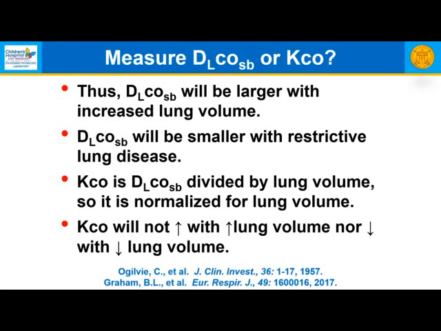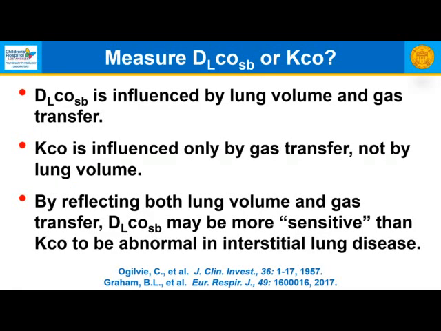As mentioned, the DLCO will be larger with increased lung volume, and will also be smaller with restrictive lung disease. KCO is DLCO divided by lung volume, so it is normalized by lung volume, and the KCO will not increase with increased lung volume or decrease with decreased lung volume. The diffusing capacity is influenced by lung volume and gas transfer. The KCO is influenced only by gas transfer, not by lung volume.